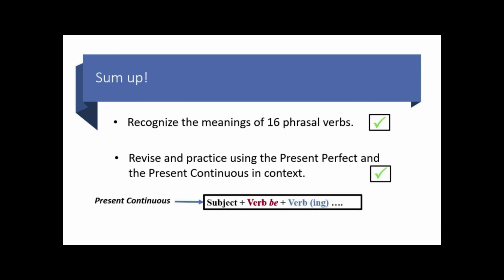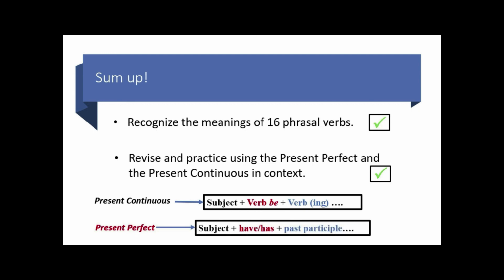The structure of the present continuous is subject plus verb be and then the main verb with ing. And the structure of the present perfect is subject plus have or has and then the past participle of the main verb.